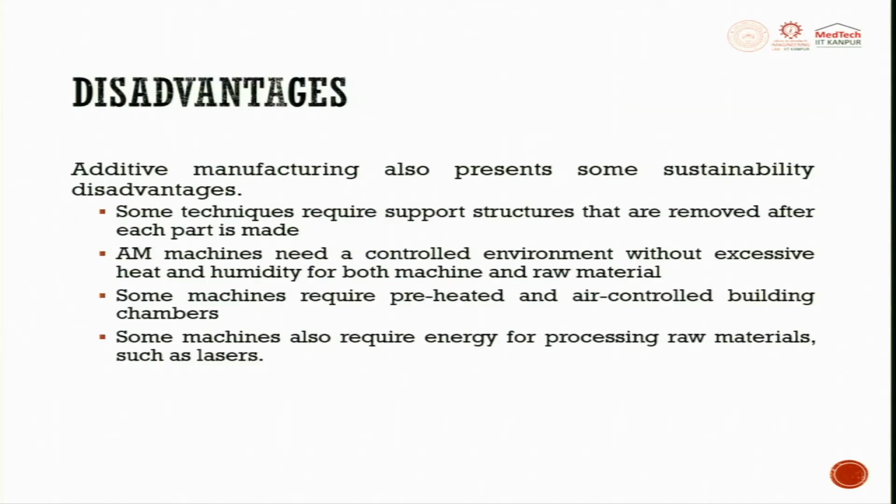So there are small disadvantages, like additive manufacturing also presents some sustainability disadvantages. Some techniques require support structures that are removed after each part is made. So this goes as waste, right? Additive manufacturing machines need a controlled environment without excessive heat and humidity for both machine and raw material. Some machines also require preheated and air controlled building chambers. So that means air conditioning.